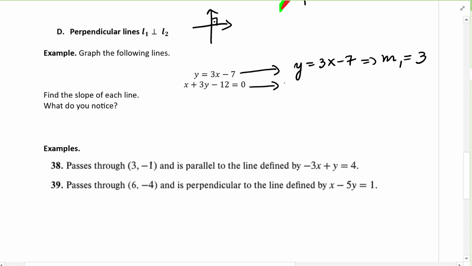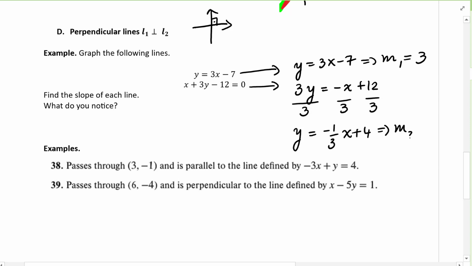But let's do the second line. Here, I'm going to say 3y equals negative x plus 12. I'm trying to write it in slope-intercept form. I divide every single term by 3, so I get y equals negative 1 over 3 x plus 4. So the second slope is negative 1/3.